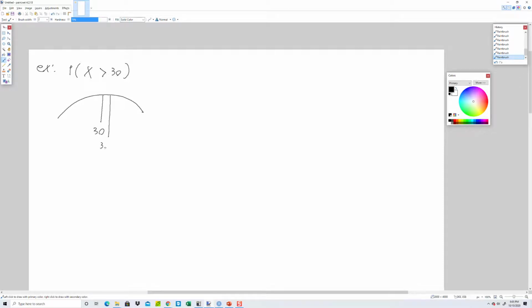So I'm going to add 0.5. It would look like that. If I had drawn it the other way, if this had been a 30 here and I had subtracted 0.5, then shaded to the right, my shading would have included 30. Again, if your wording doesn't include 30, your shading cannot include 30.